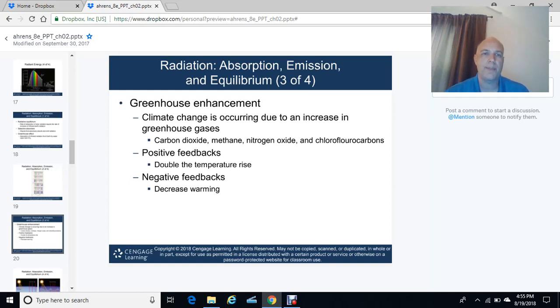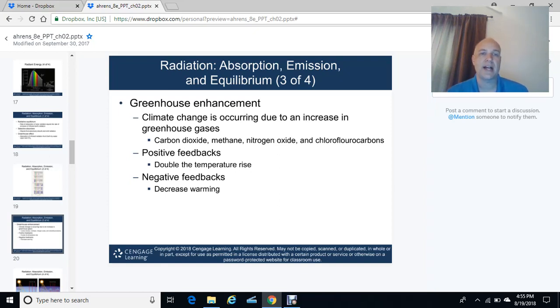When we continually pump in carbon dioxide, methane is another greenhouse gas, nitrogen oxides, and chlorofluorocarbons, which we talked about briefly in Chapter 1, the CFCs, which tend to destroy the ozone layer. All these gases are, in fact, greenhouse gases. They act to cause the Earth to be warmer than if they didn't exist. If these gases did not exist, the Earth would be much cooler. So our Earth is much warmer due to these gases.